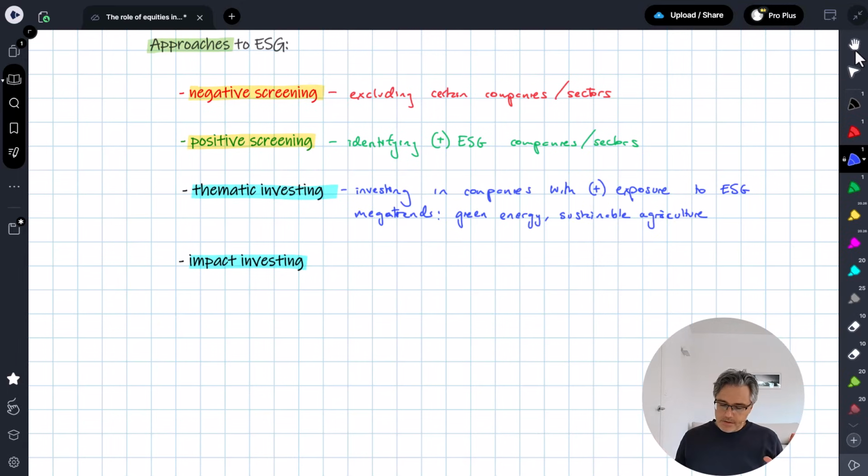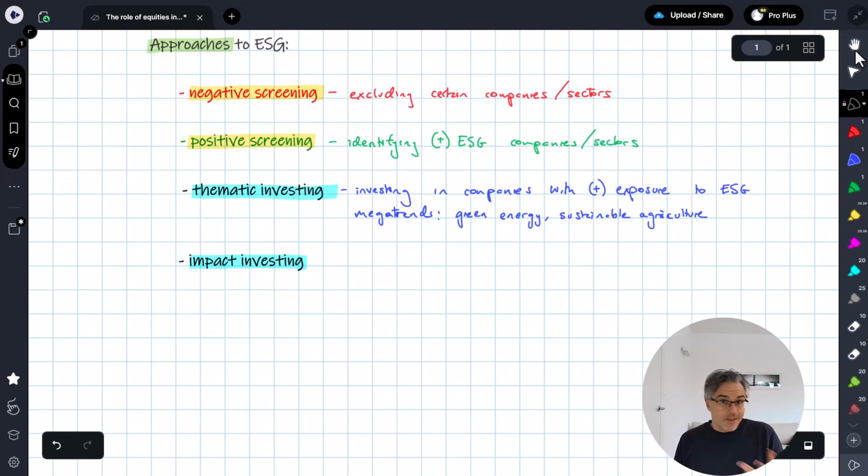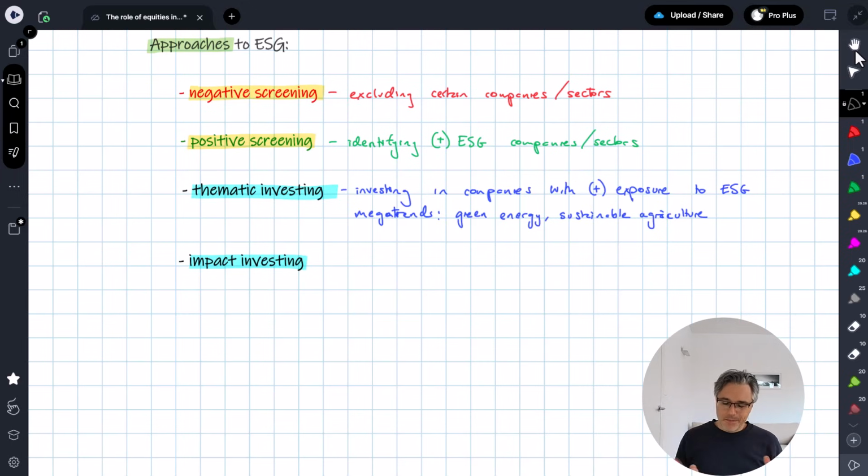Yeah, so that's thematic investing, and then there is also a very much related trend, namely impact investing, and this is investing to achieve certain specific targeted social or perhaps environmental objectives.